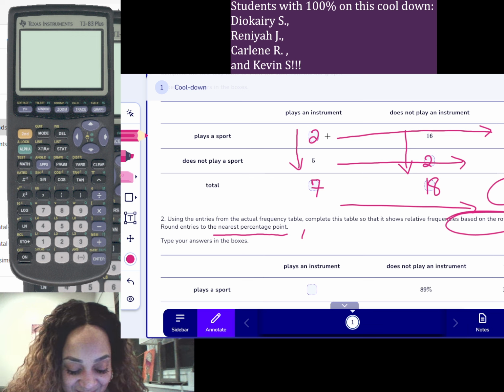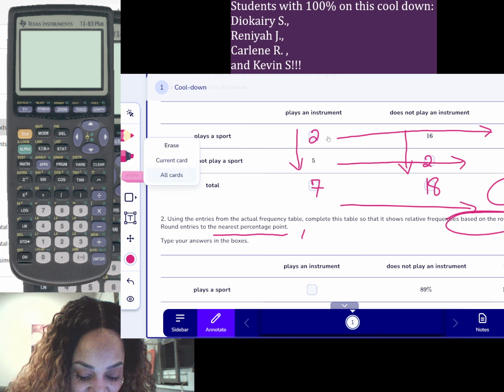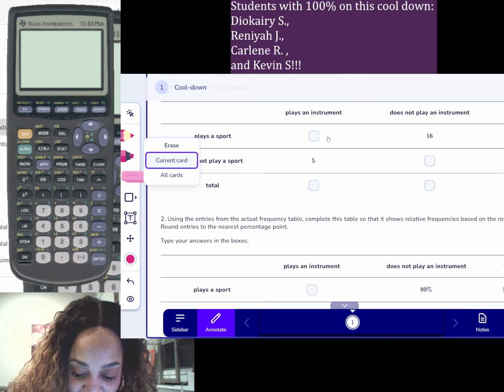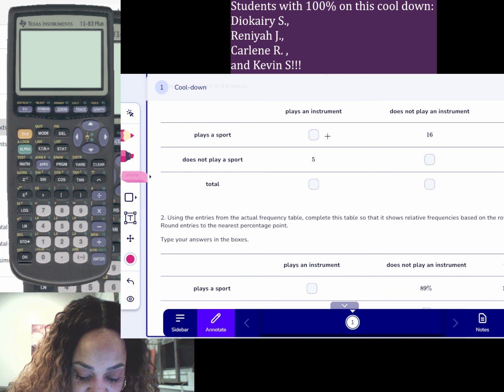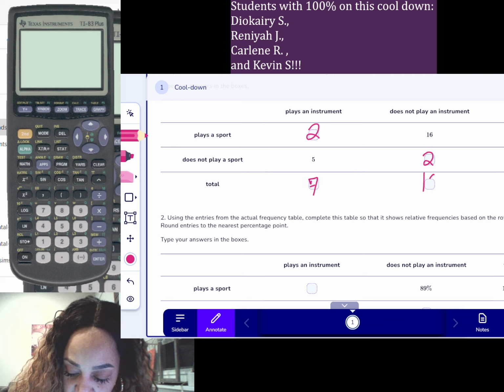Actually, let me clean up my screen real quick. Okay, so we had 2 here, we had 2 here, we had 7, 18, 18 over here, 7 over here.